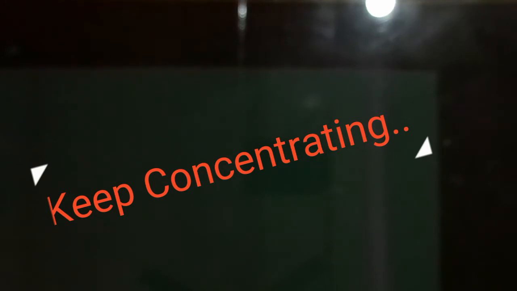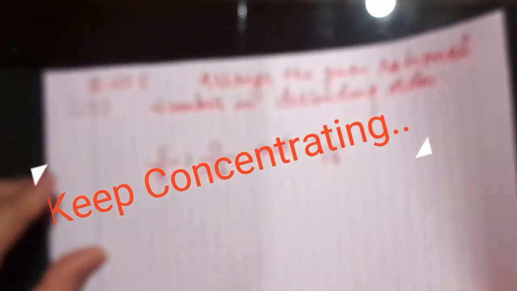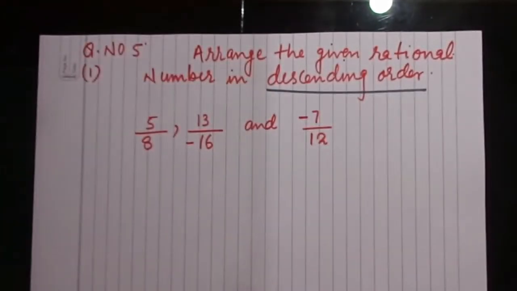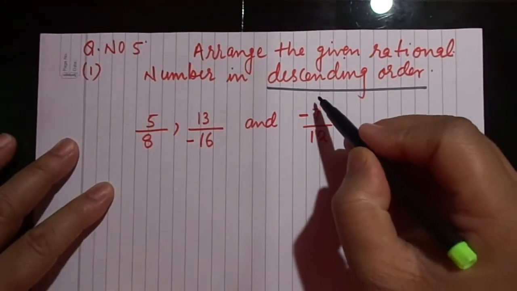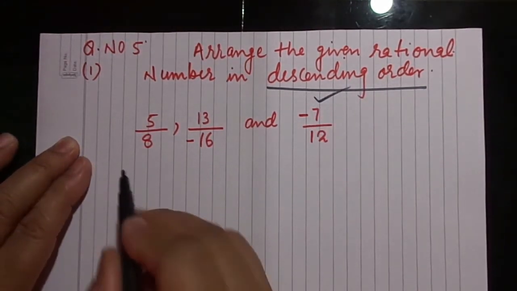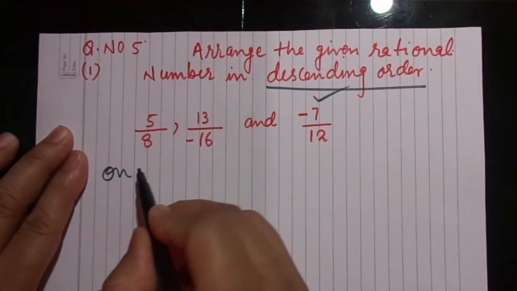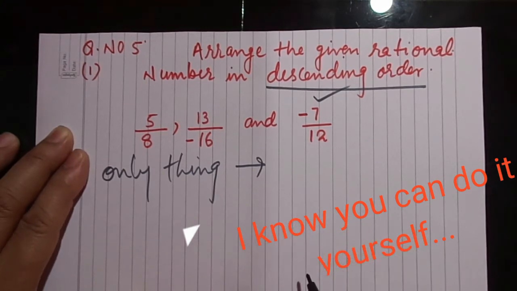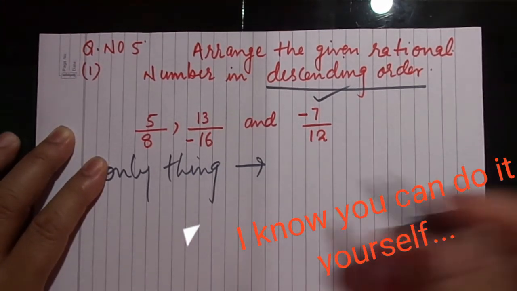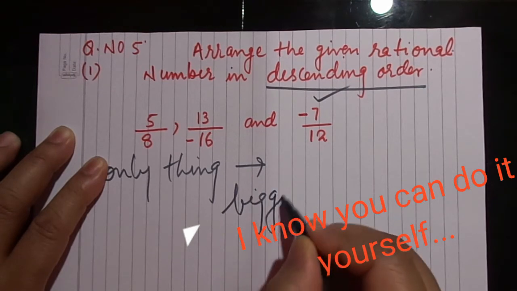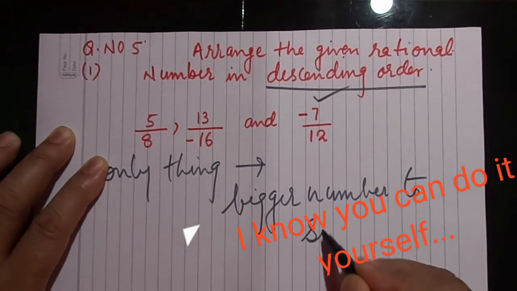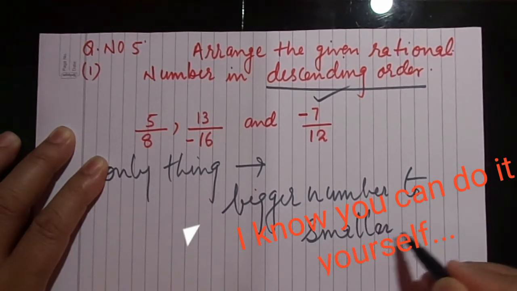Okay, let's move to the other part, which says arrange the given rational numbers in descending order. So it is the same type of sum. The only thing here that you need to do is arrange from the bigger number to the smaller number.